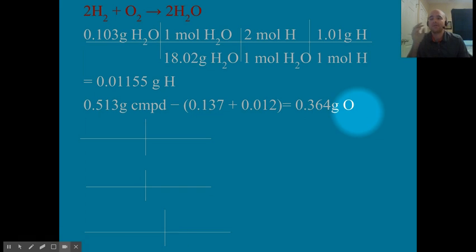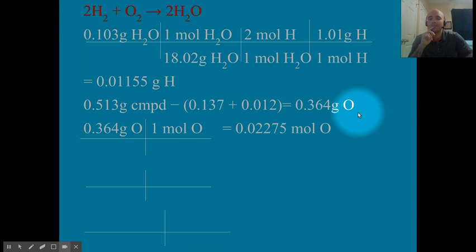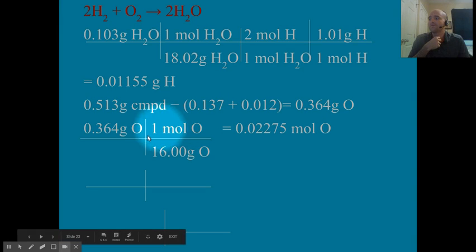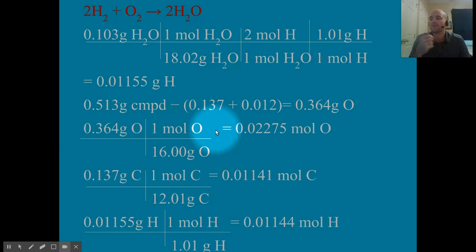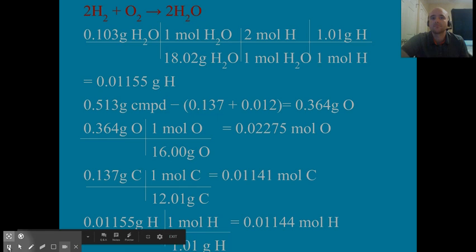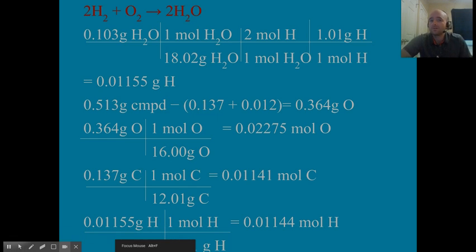Now I will take those 3 masses and individually convert them to moles. So I'll take my grams of oxygen and convert it to moles. And then I'll take my grams of carbon and convert it to moles. Then I'll take my grams of hydrogen and convert it to moles. The empirical formula is a ratio of these 3 moles.